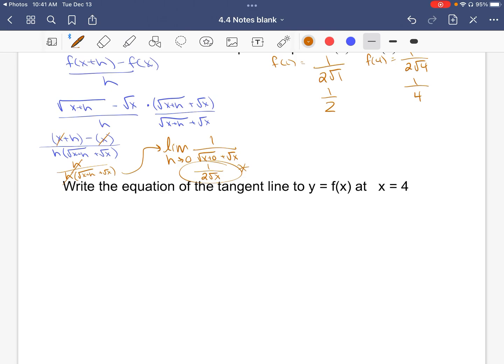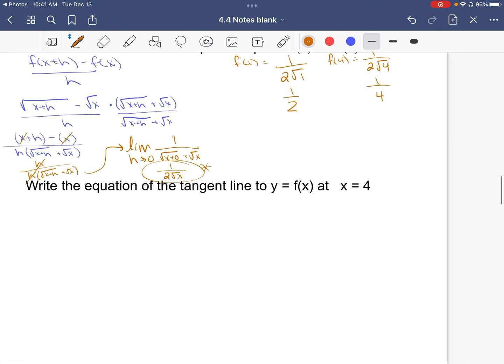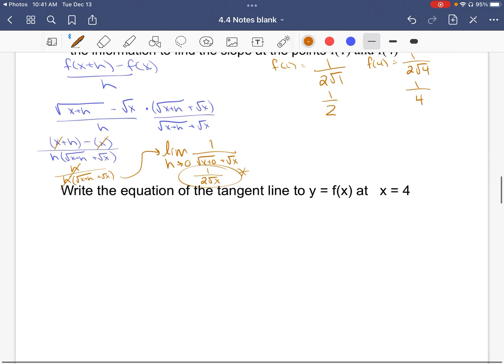So write the equation of the tangent line. If I don't specify, you can use whatever form of linear equation you want, so general, standard, slope point form, or slope intercept. Again, my favorite is slope point form. We have our point at x is equal to 4. There's our x coordinate. We just need a y coordinate.